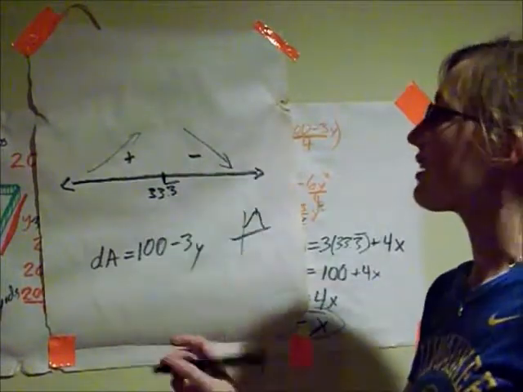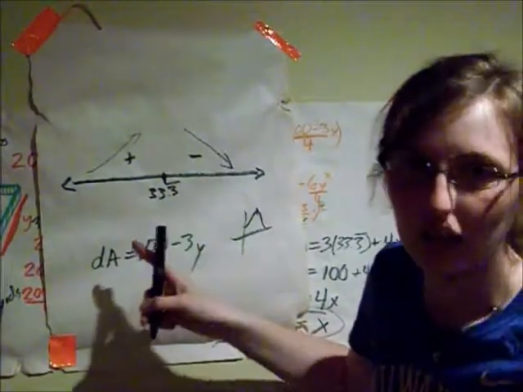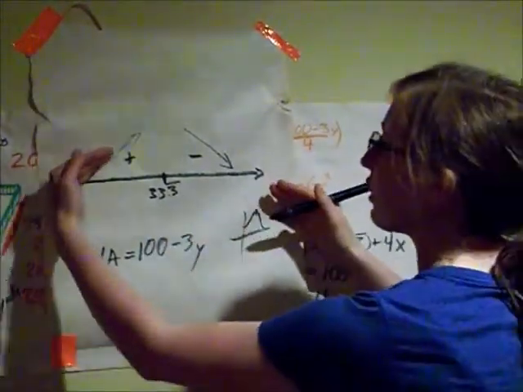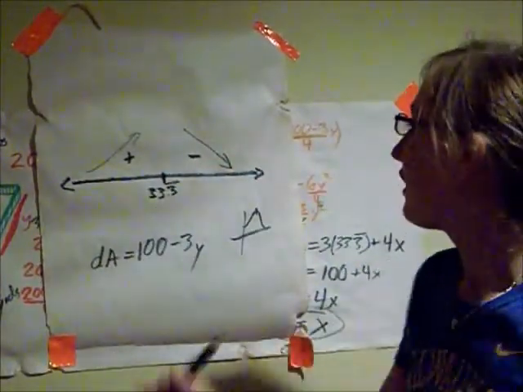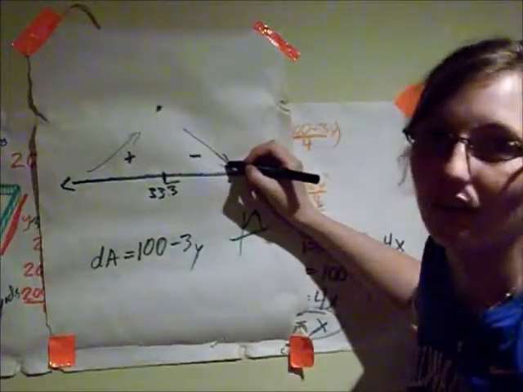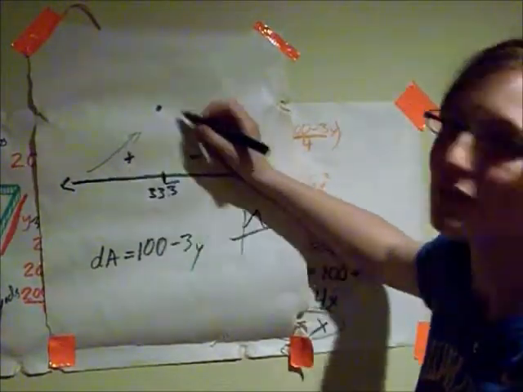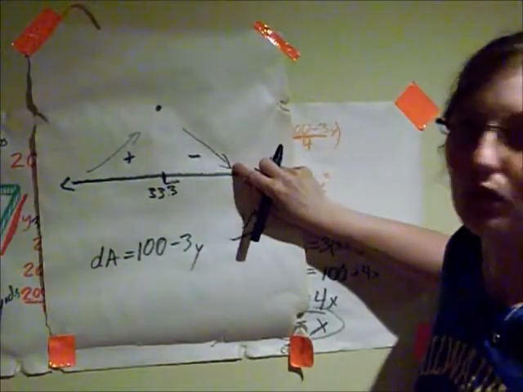So, as you can see, at 33.333 repeating, the graph goes up and then it goes back down. That would indicate that it goes up to this point and then it goes down, right? So that's a maximum because it's the highest point between these two numbers.